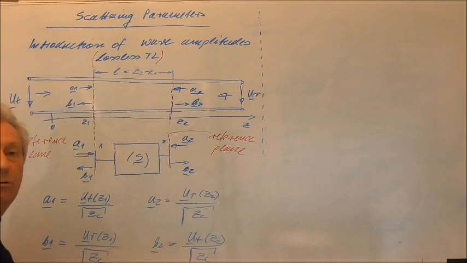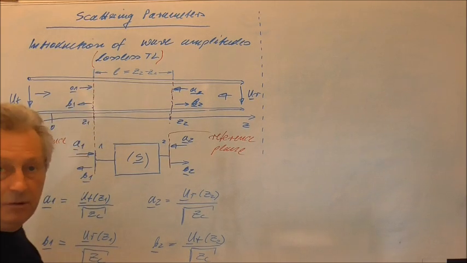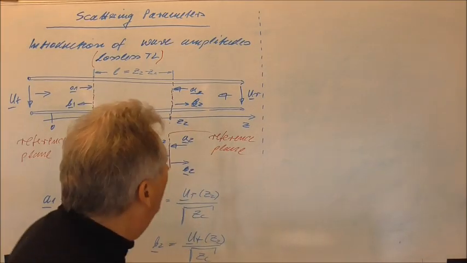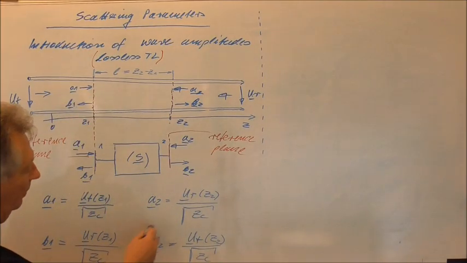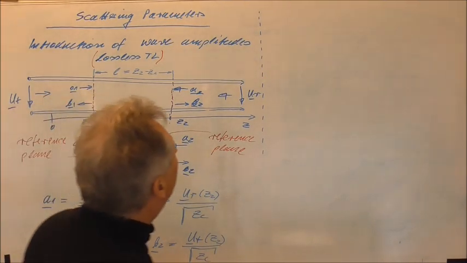Now I want to deduce the scattering parameters of this lossless transmission line. And to do this, we start with the wave amplitude B2.